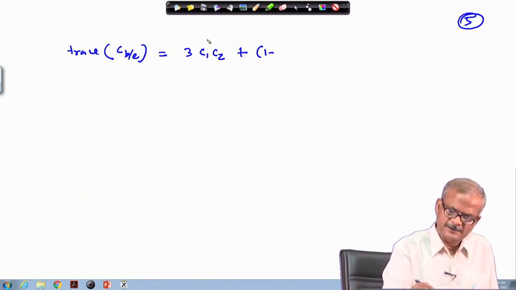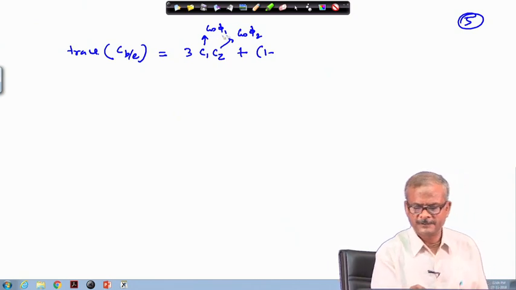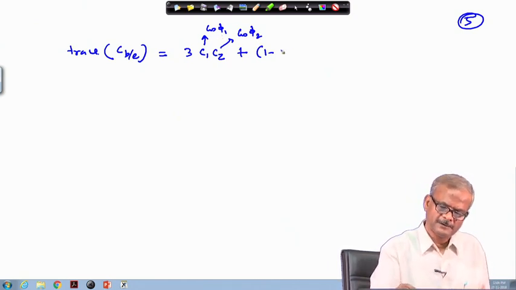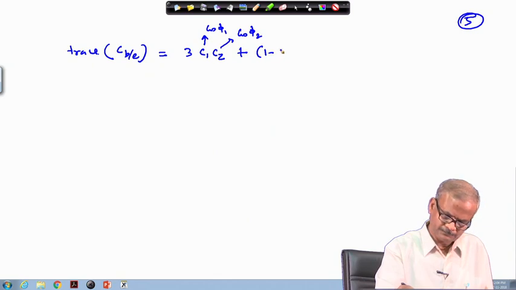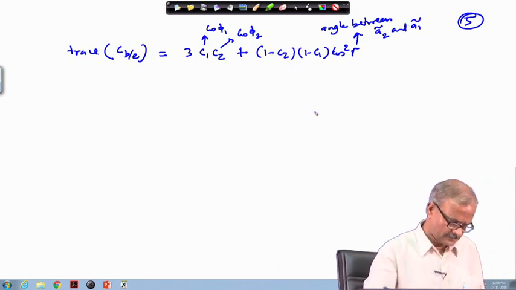So, this is cos phi 1, this is cos phi 2, where phi 1 and phi 2 are the rotations about the a 1 vector and the a 2 vector respectively. Gamma is the angle between a 2 tilde and a 1 tilde.